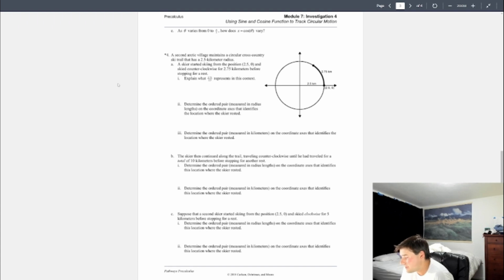Should have followed up on radius lengths. So is radius lengths just radius divided by 2 pi? Let's see. The distance.